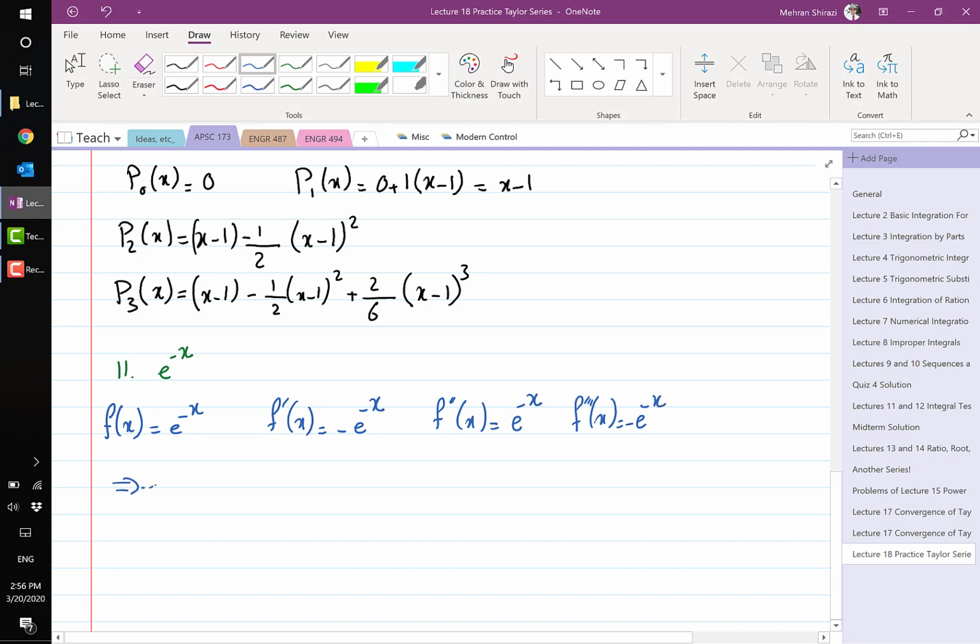So can you tell me how we can write the k-th derivative of f at x? You can pause the video, think about this, and try to write the general term for the k-th derivative of f of x. Okay, I'm sure all of you could find it. The result is negative 1 to the power of k times e to the power of negative x.